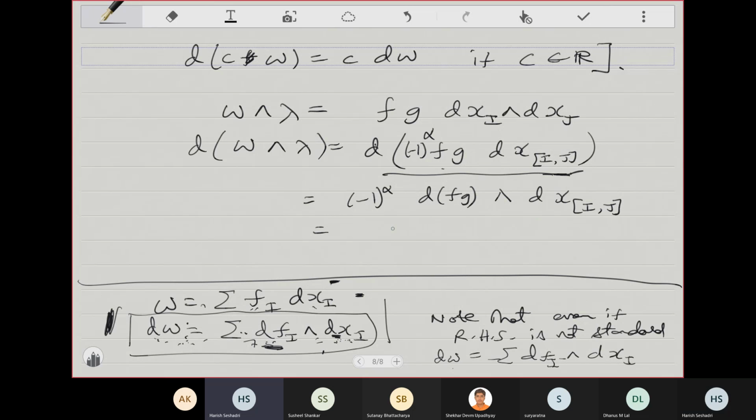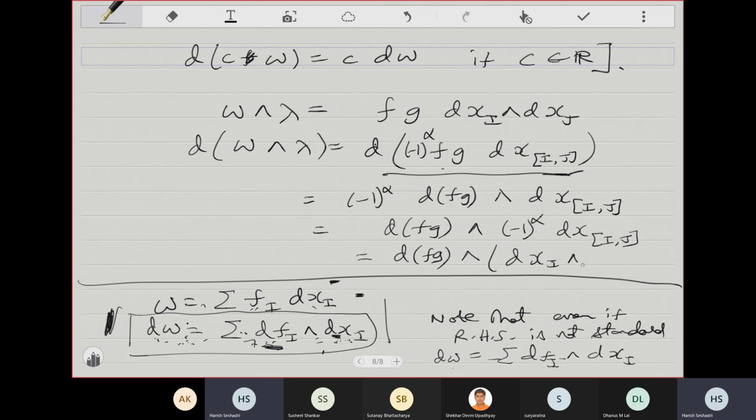I'll do it here. So I'll write it as minus 1 to the alpha and then dxi wedge dxj.